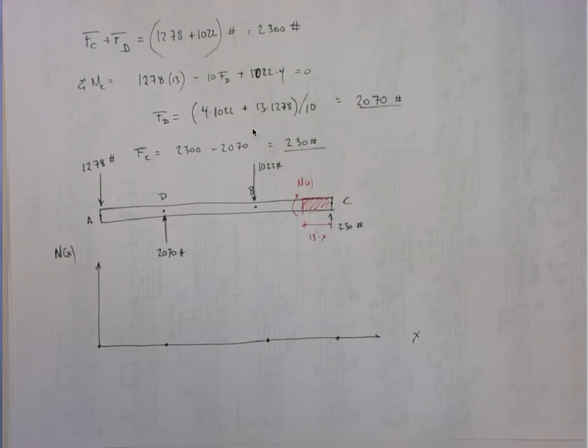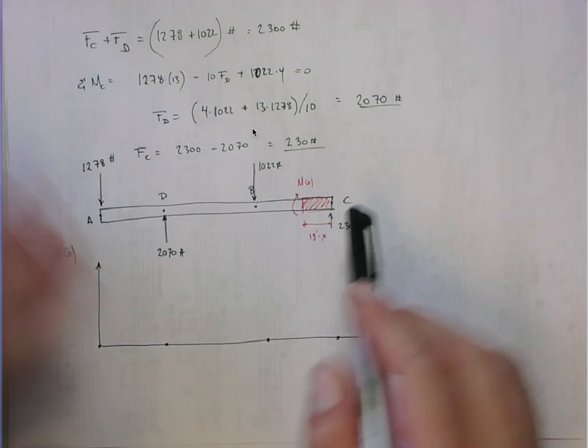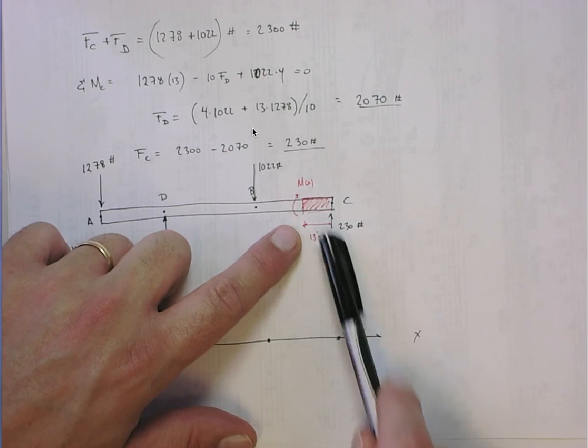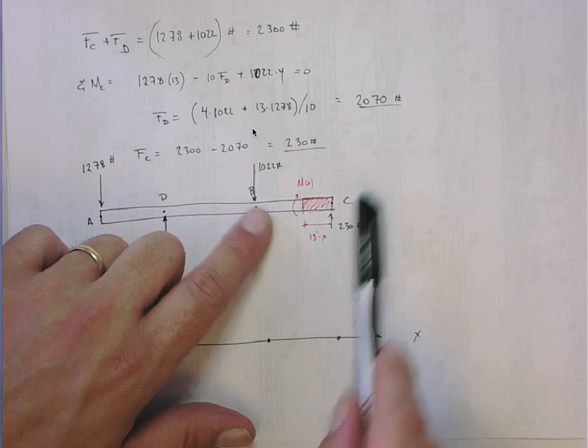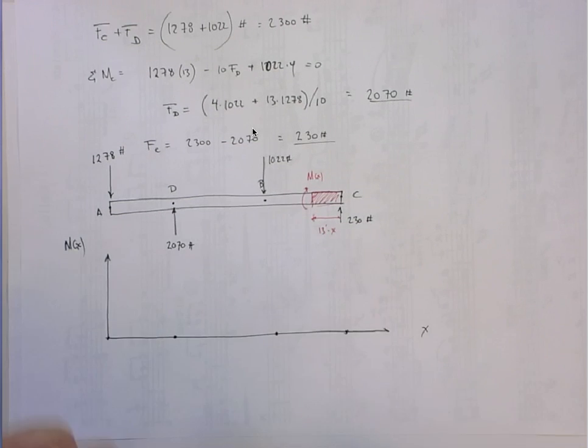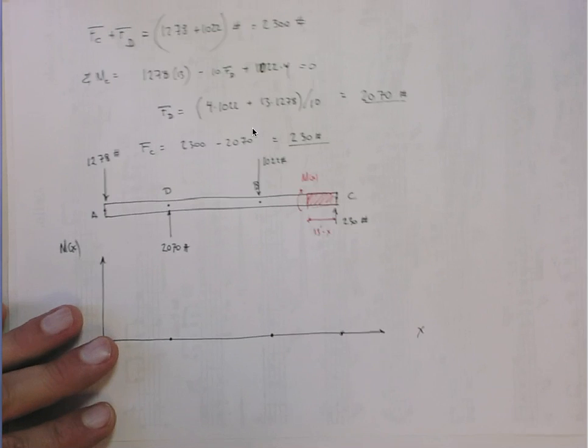And so you can see that this is going to produce a positive moment, right? So this will actually produce a positive moment. It starts here at 0.